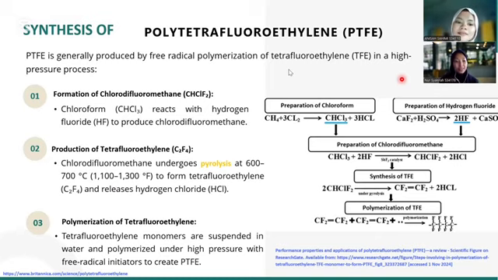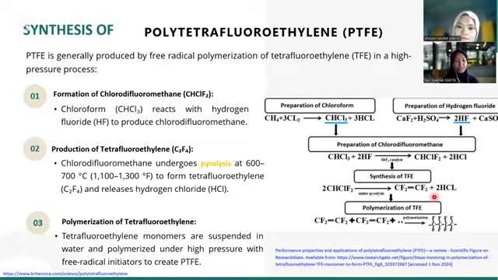For the second reaction, it's about production of tetrafluoroethylene, where the chlorodifluoromethane from the first process undergoes pyrolysis at a temperature of 600 to 700 degrees Celsius to form tetrafluoroethylene and release hydrogen fluoride.